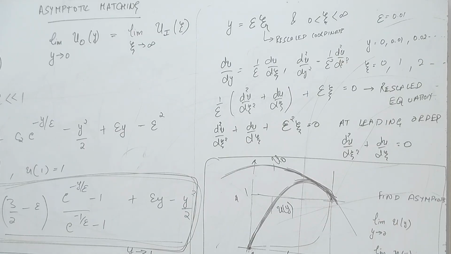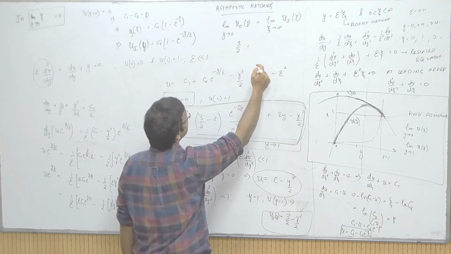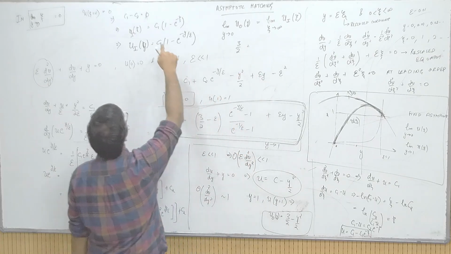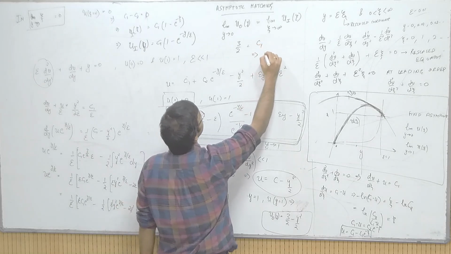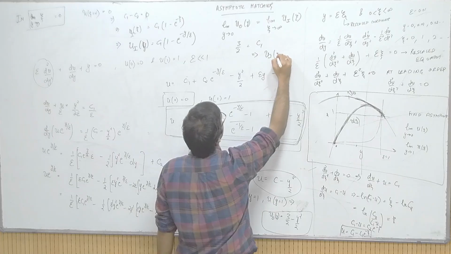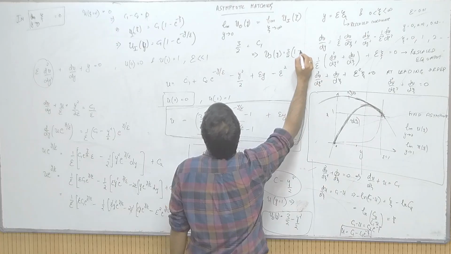Okay. And this basically gives you, so what is y tends to 0 limit here? It is 3 by 2. What is limit c tends to infinity for u_i? That is c1. So that means u_i of y completes as 3 by 2 into 1 minus e to the power minus y by epsilon.